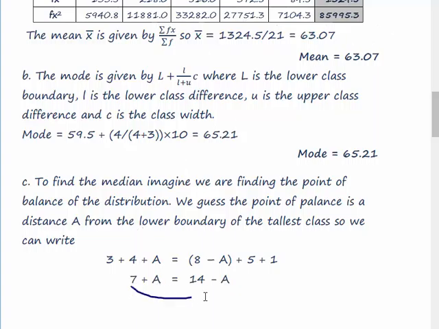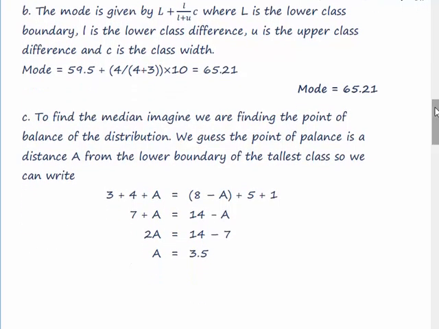I'm going to take 7 to the right hand side, and I'm going to take minus A to the left hand side. So I've got 2A is equal to 14 minus 7, so 2A is equal to 7, so A is equal to 3.5. Right, we'll put those values into the equation. So it's L plus A times C over F, where F is the class frequency, giving us a value of 63.88.